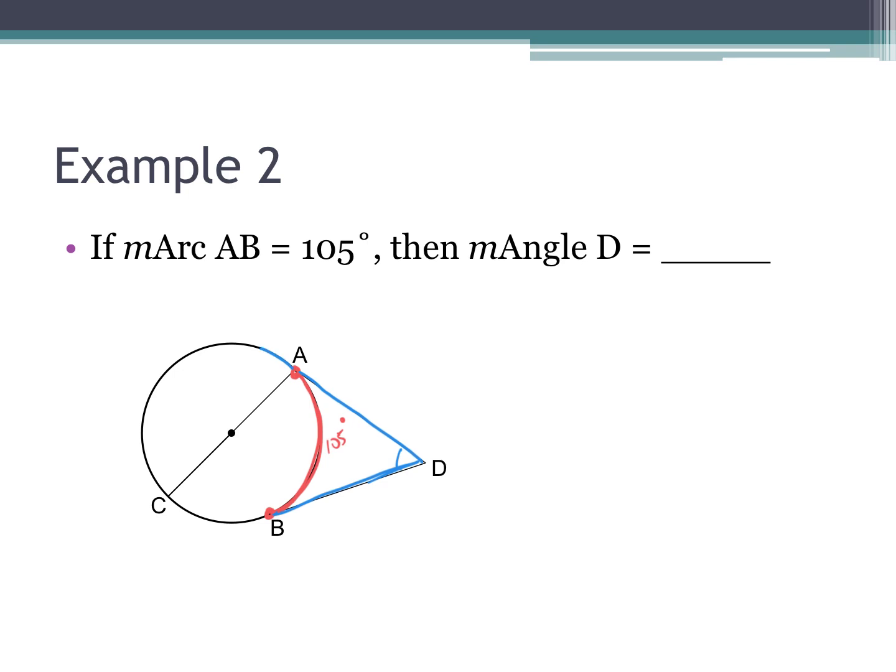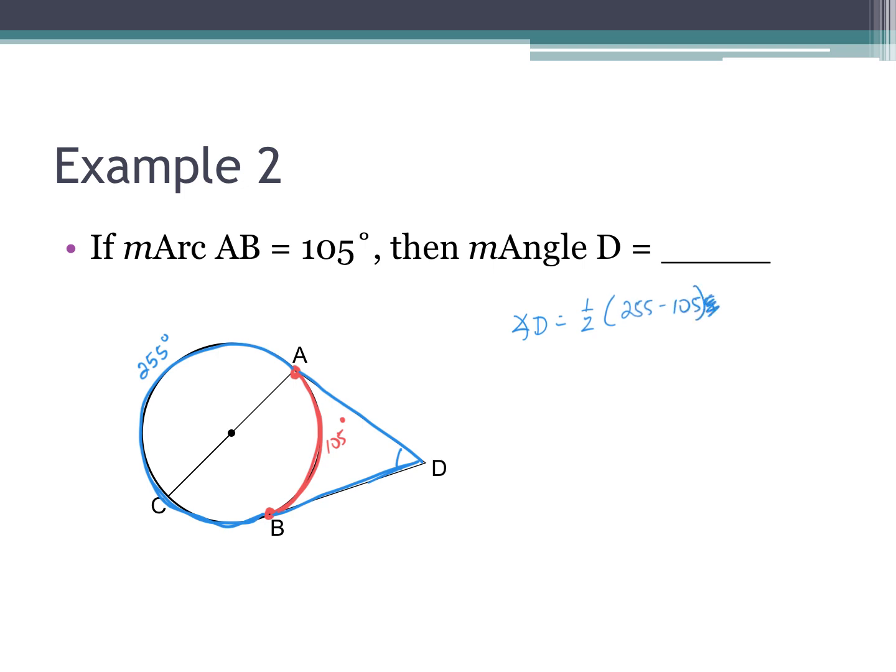So we know that ACB is the rest of this, right? So if the red piece is 105 and the whole circle adds up to 360, I know that this is 255 degrees. So the long way to do this problem is angle D equals 1/2 the big arc minus the small arc.